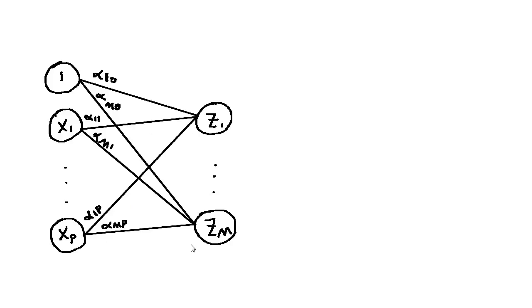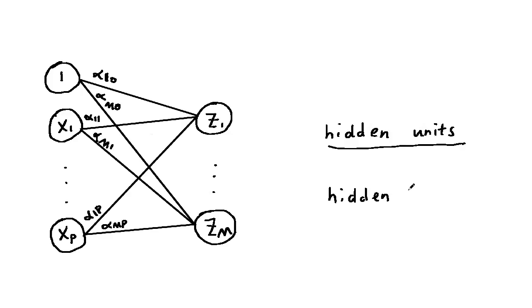The zi are called hidden units, and together they form the hidden layer of the neural network. The alpha sub ij's are called weights.